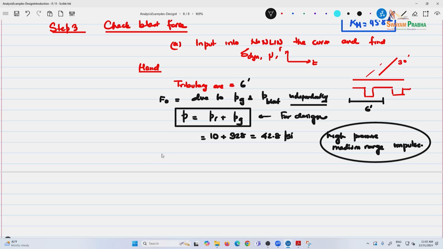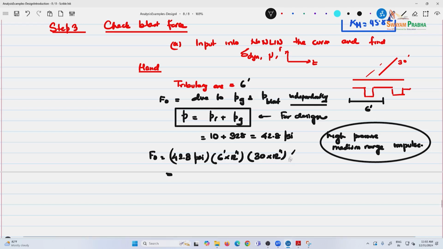So now the total force F naught is 42.8 psi multiplied by the tributary area 6 feet multiplied by the span, so divided by 1000 comes to, so it's quite high.